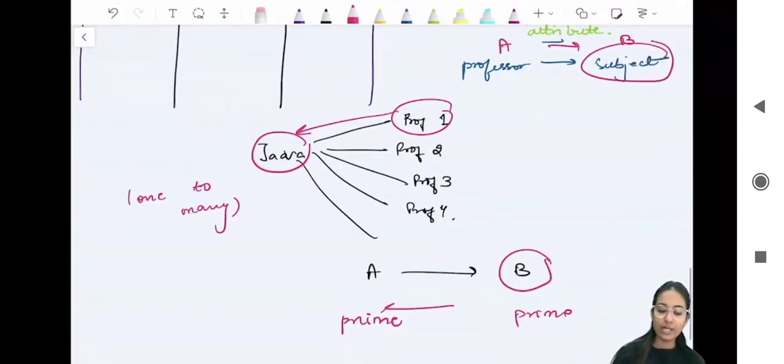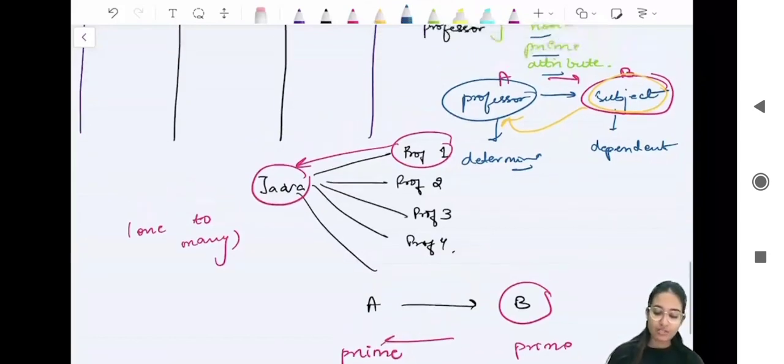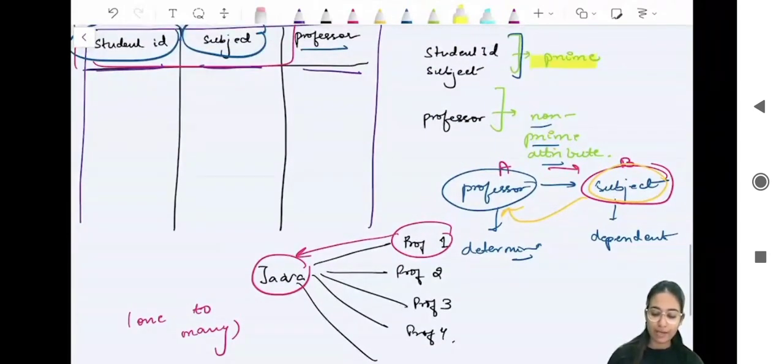So there is a dependency. If you remember functional dependency, this is the dependent and this is the determinant. What subject is being taught is dependent on who is teaching the subject. Here, as we already know, subject is a prime attribute and professor is a non-prime attribute, which we just talked about is not valid.